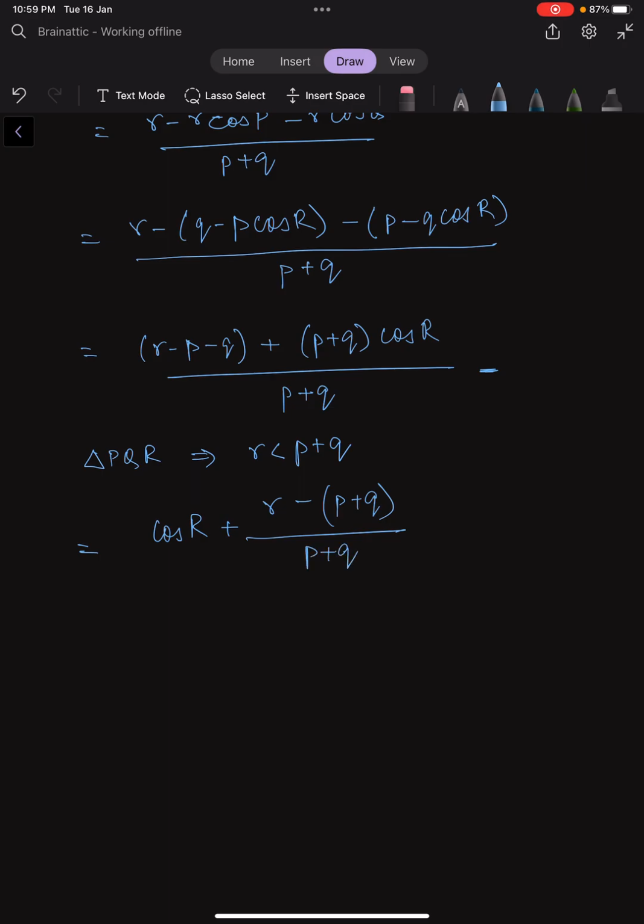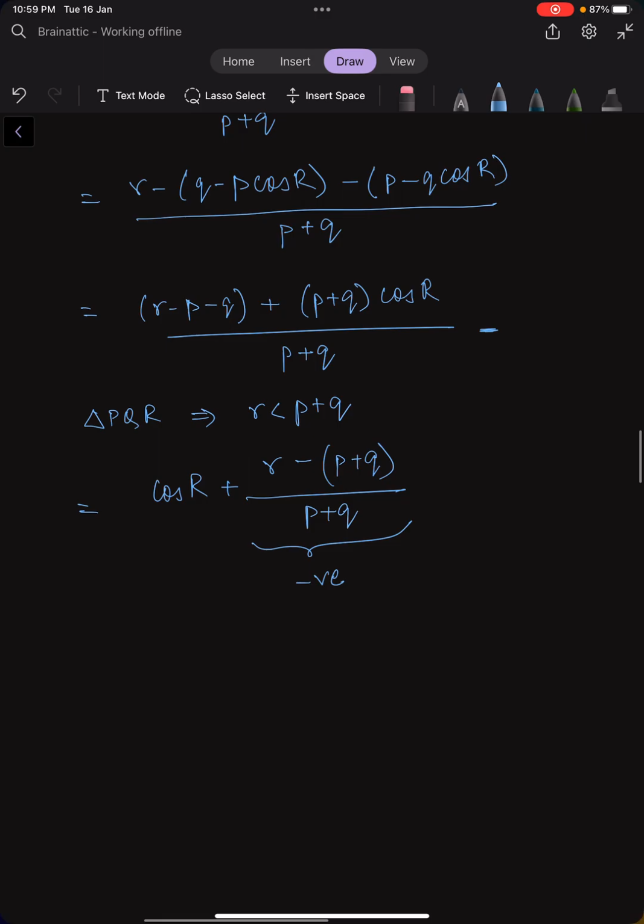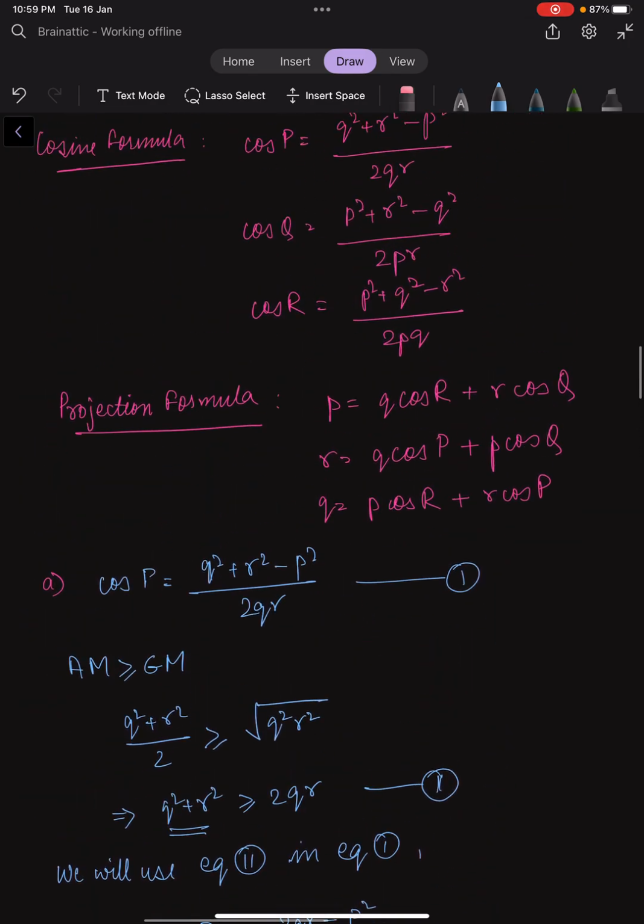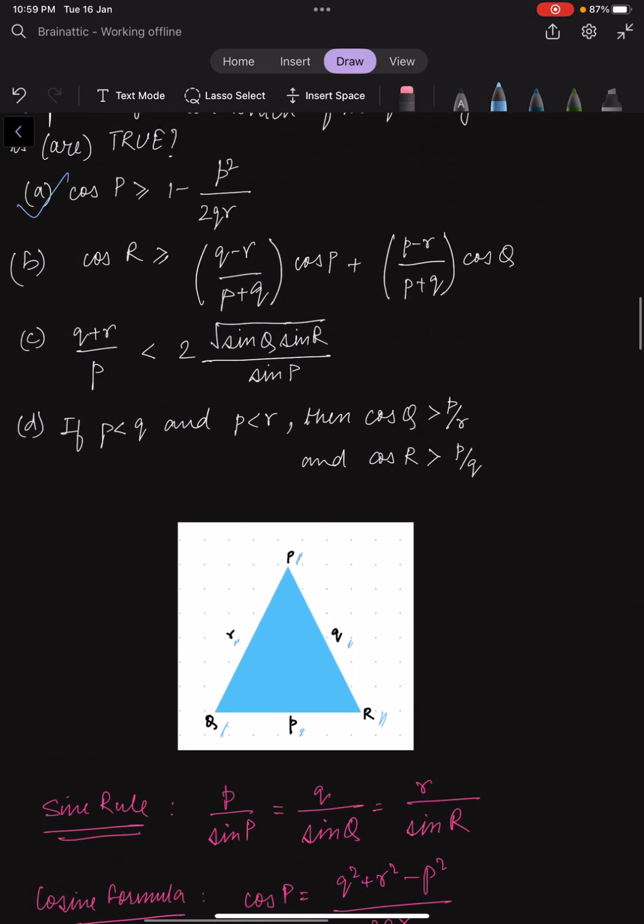So this term will always result negative. Therefore, this term cos R plus r minus p plus q will be less than cos R. So the inequality in option B also holds.